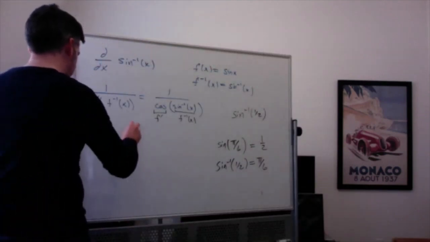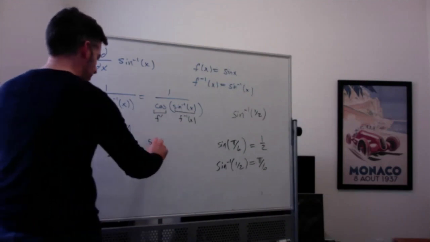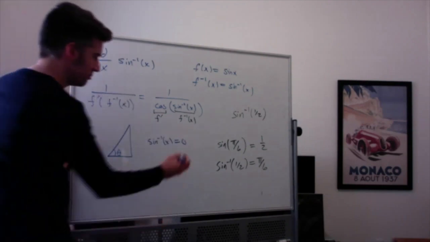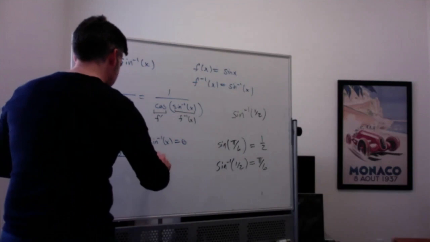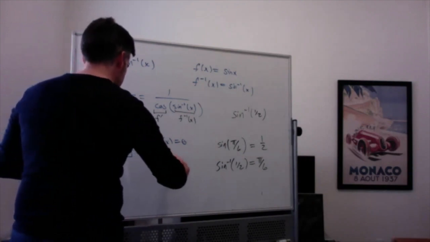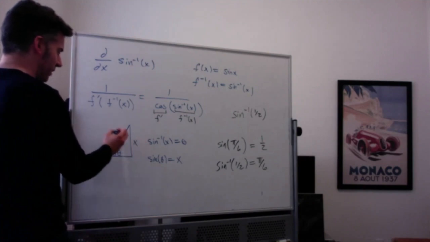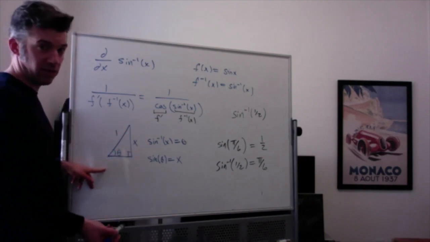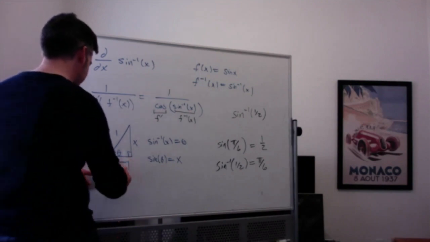I'm going to draw an angle, theta, and inverse sine of x is equal to theta, which also means that sine of theta is equal to x. Sine is the opposite over the hypotenuse. And if I find this third side using the Pythagorean theorem, it's going to be the square root of 1 minus x squared.